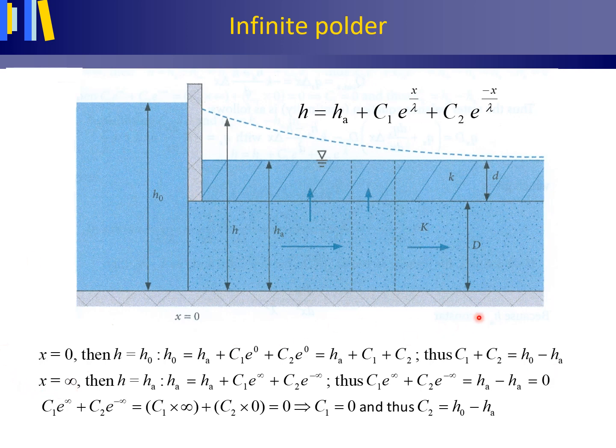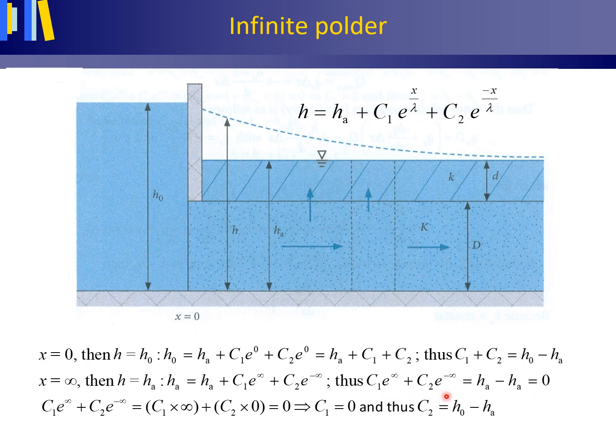When x is infinity, then h becomes HA, and then HA equals HA plus C1 e to the power infinity plus C2 e to the power minus infinity. Thus, C1 e to the power infinity plus C2 e to the power minus infinity equals HA minus HA, which is 0.